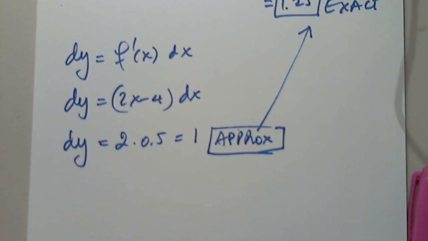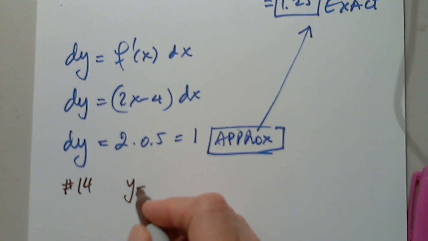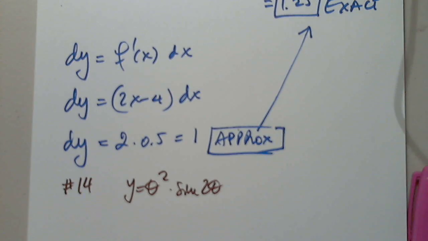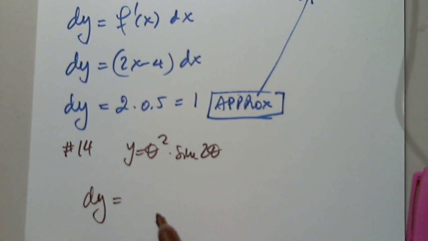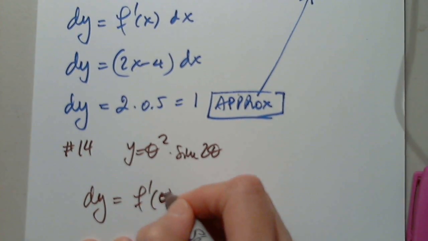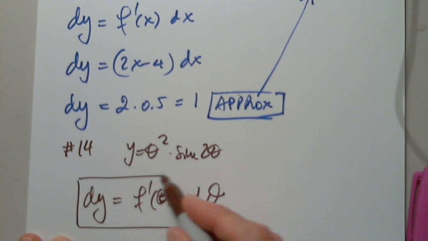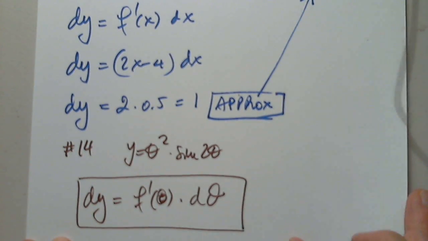I will choose 14. So in 14 we have y equals theta squared times sine 2 theta. We're asked to find dy. So that will be f prime of theta times d theta, the differential of the variable in the function. So let's find y prime and then just put it in.